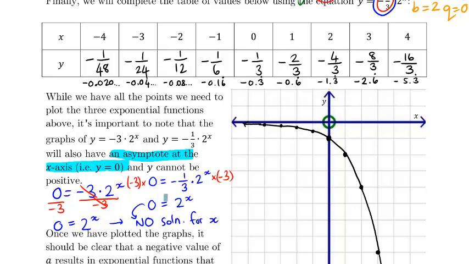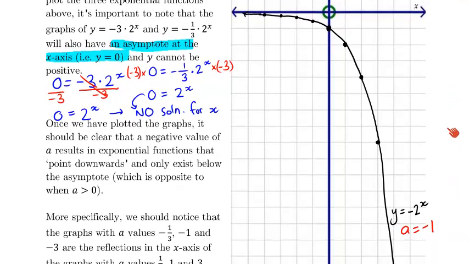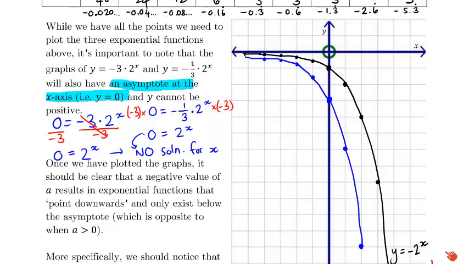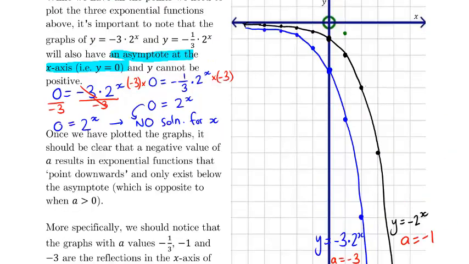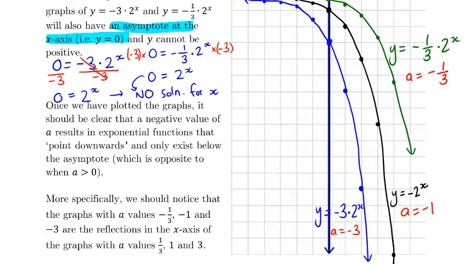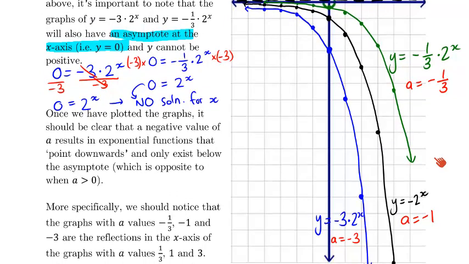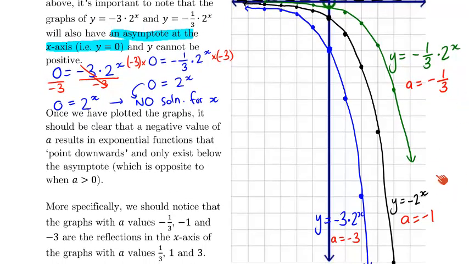Now, with that acknowledgement, let me plot these two new functions, and then we're going to be able to see what these negative a values did to our function. And there you have it, guys. There are our three functions plotted onto this Cartesian plane.